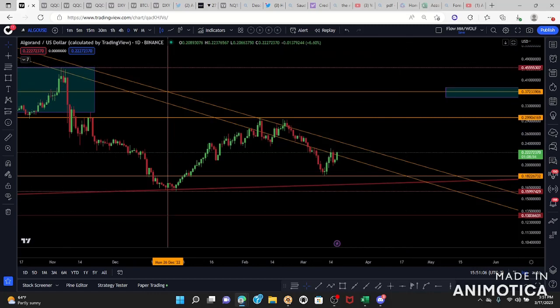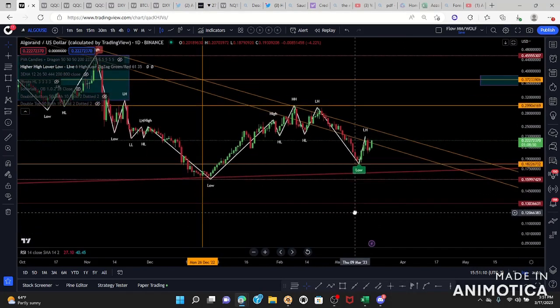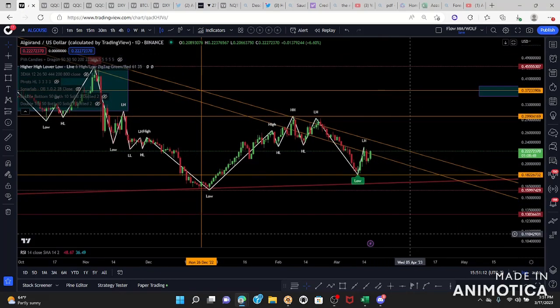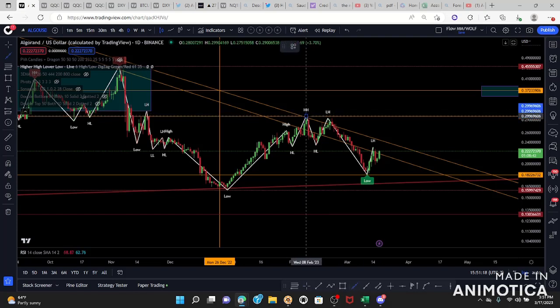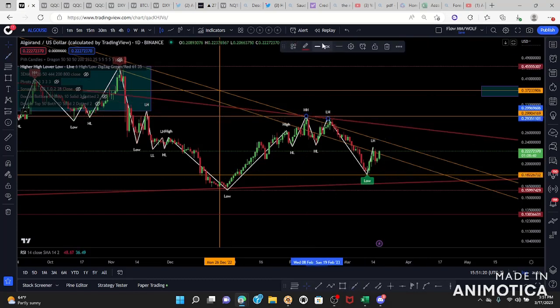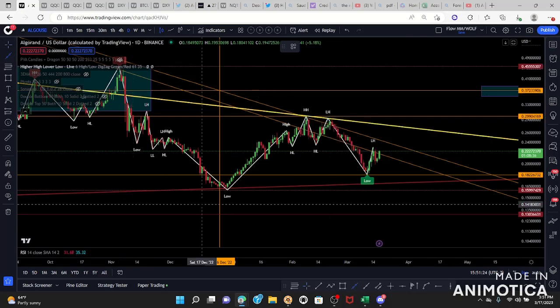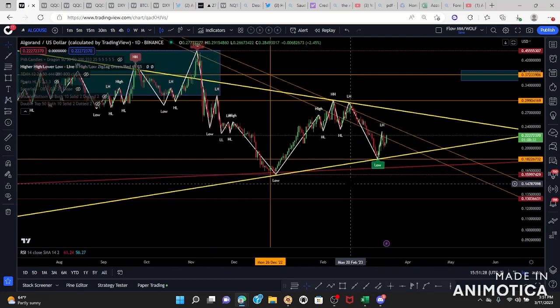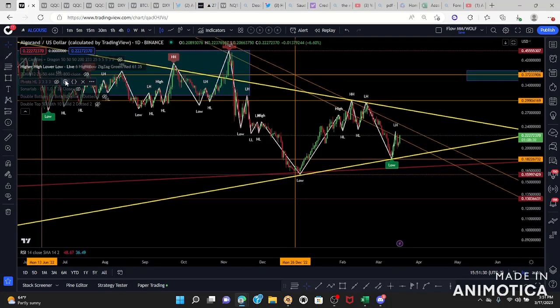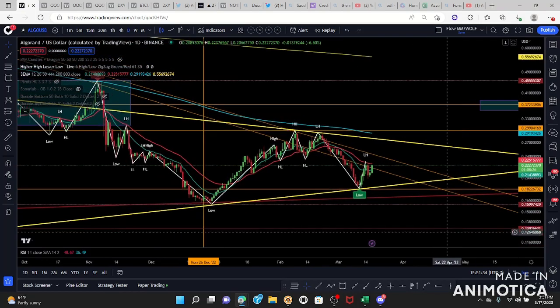So here, I'm going to turn on my higher high, lower low indicator and just look at it, observe it, see what you could find, see if there's any patterns that you can make, connect some trend lines, right? So one touch, two touches. One touch, two touches. Okay, turn on your 12 26 EMA, right?